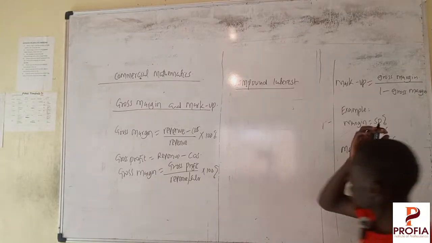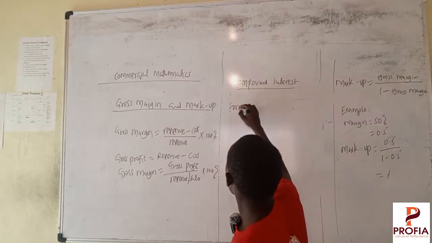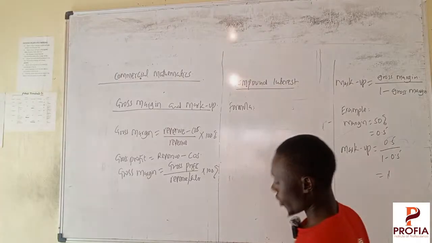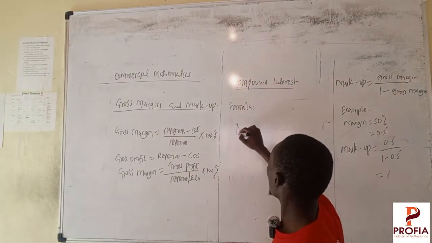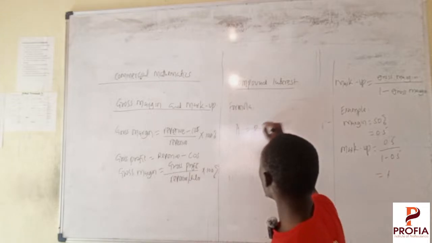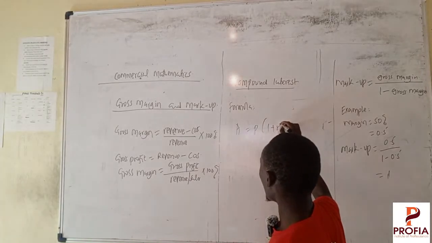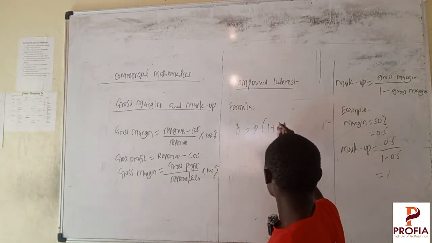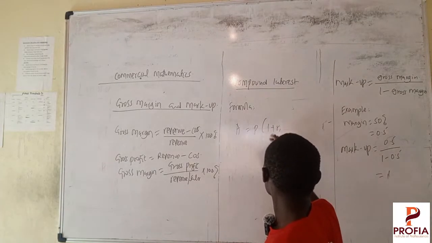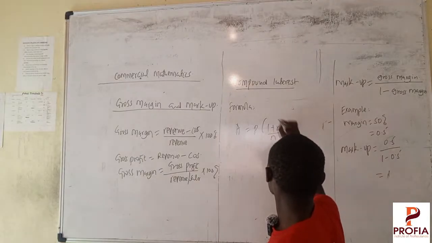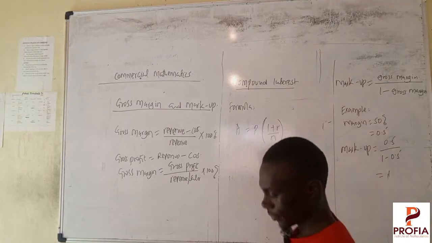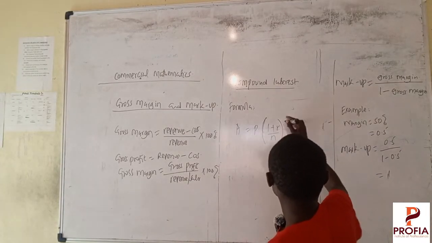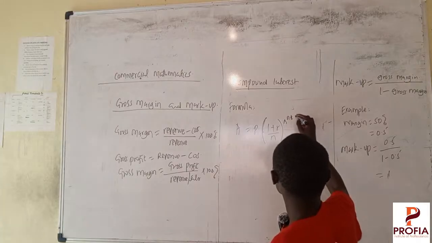The formula of compound interest: the amount is equal to principal into 1 plus r over n, raised to nt.